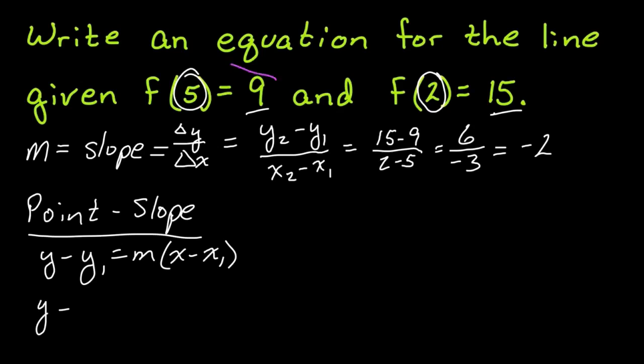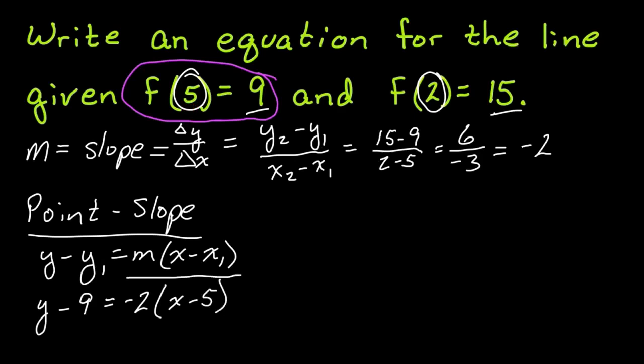So I'm just going to say let's use this point right here. And so the equation is going to be y minus y1, and the y value in that point is 9. M is your slope, which is negative 2. And then you have x minus the x value from our point, which is 5. And that's it. That's the equation of your line.